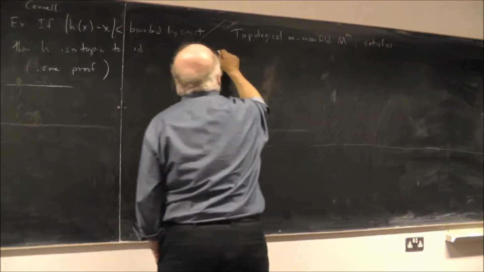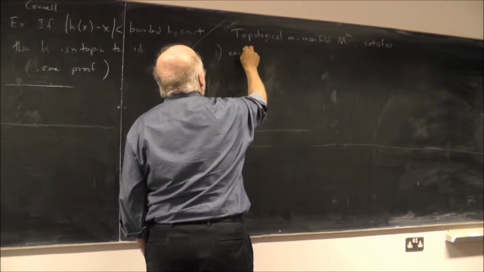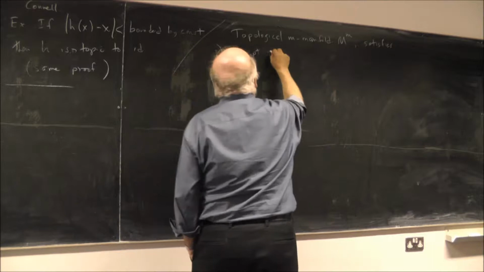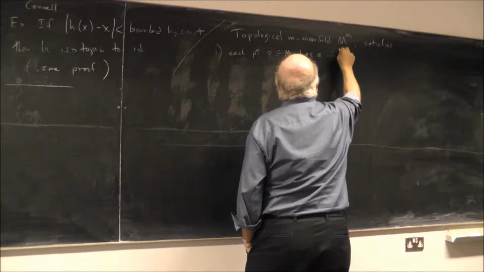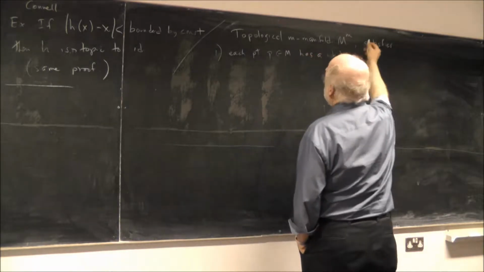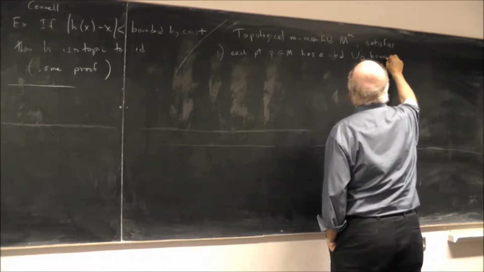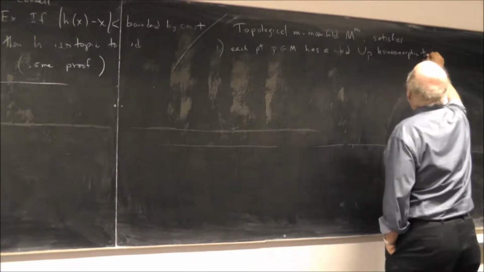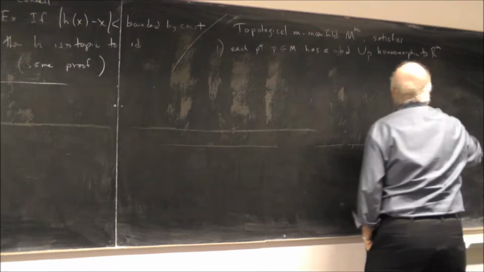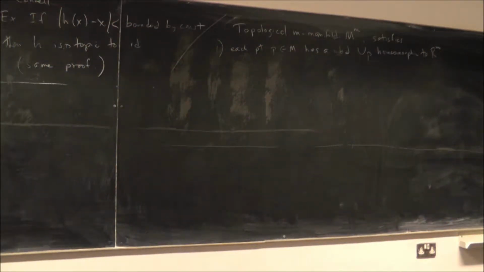The first and most important one is that each point P belonging to M has a neighborhood U sub P, homeomorphic to R^m, to Euclidean space. It has to be locally Euclidean. Certainly, a manifold has to satisfy that.